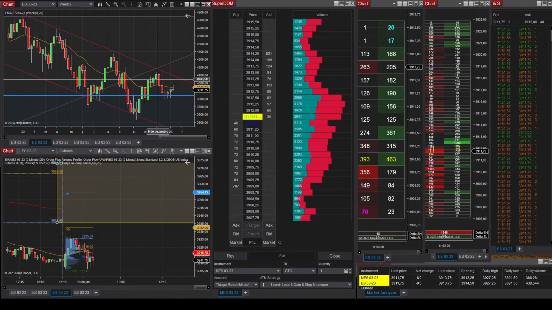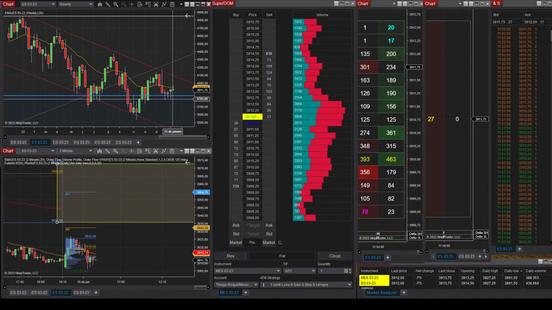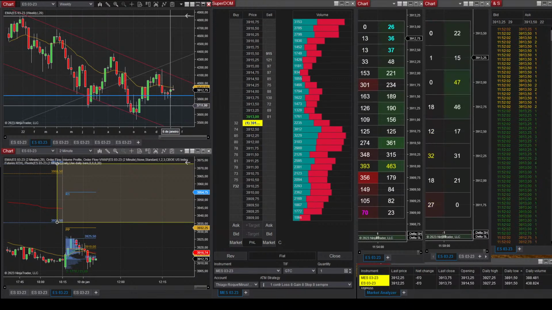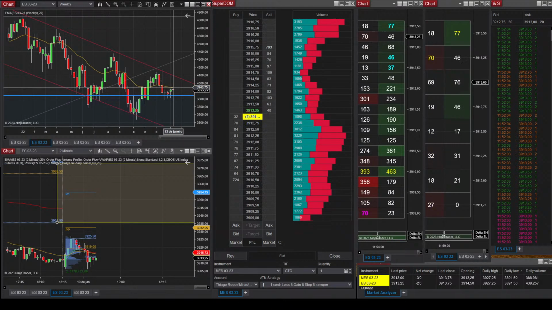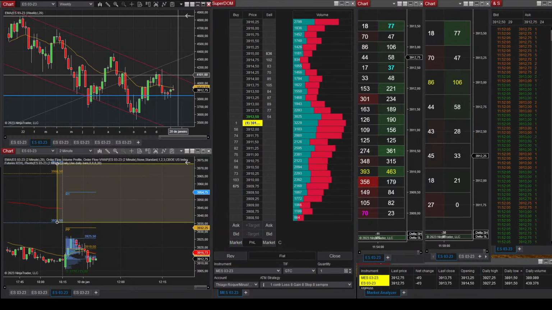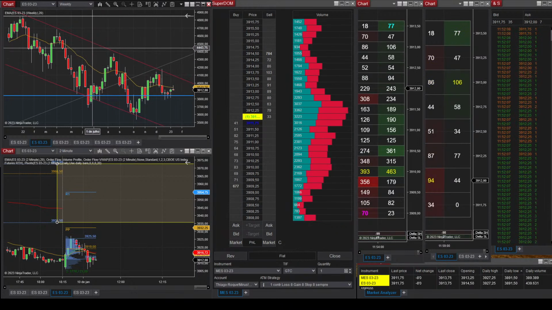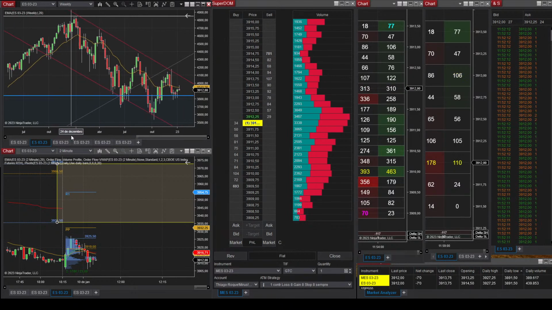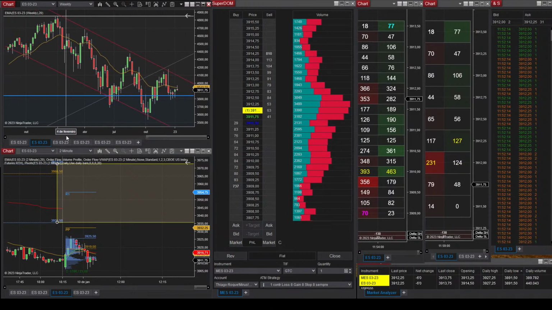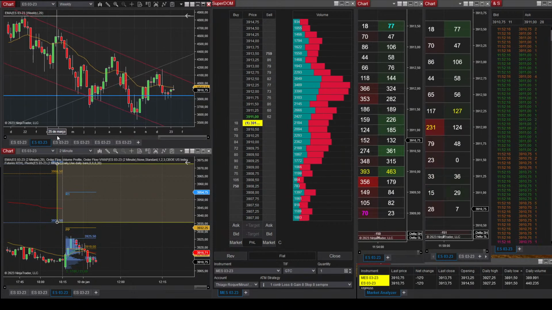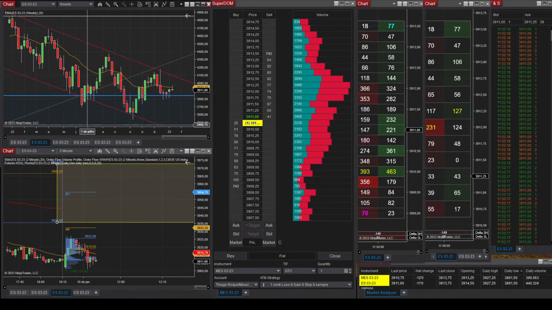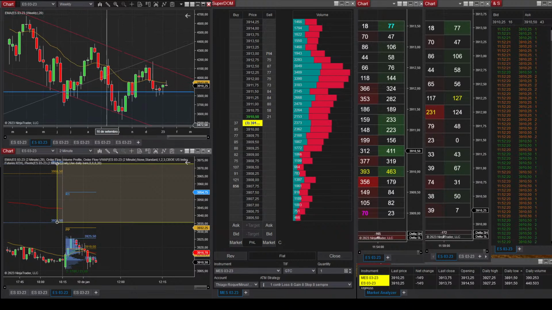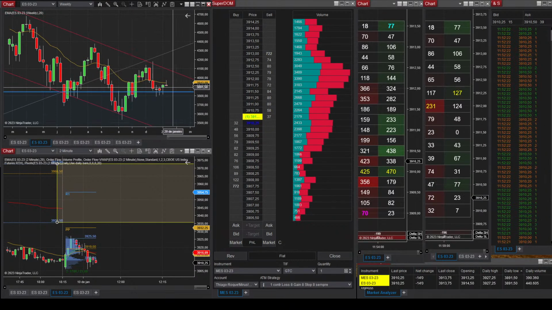Then let's see if, after all this week, it's going to be overcome, or we have this long-term downtrend here from January 22. That's been respected. We're in a pretty good downtrend channel.